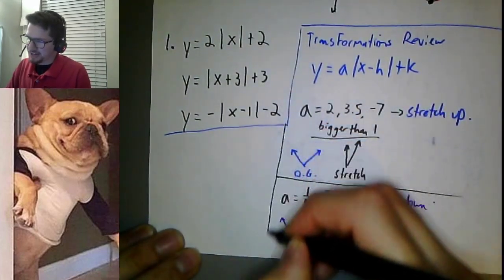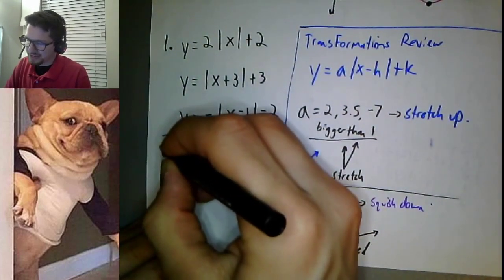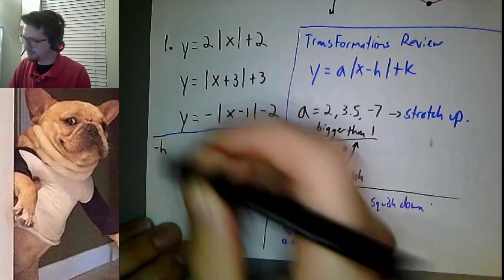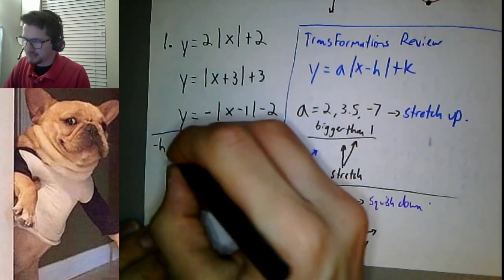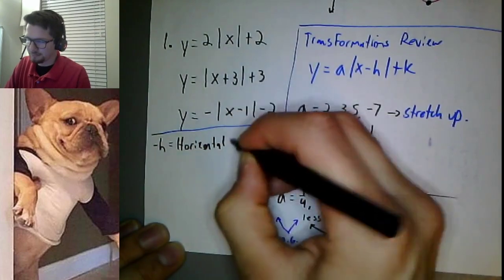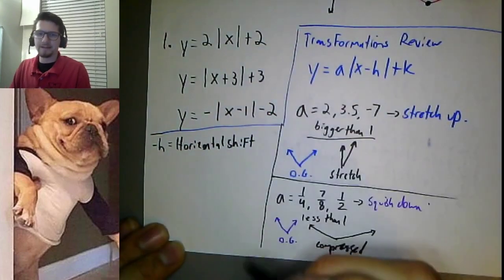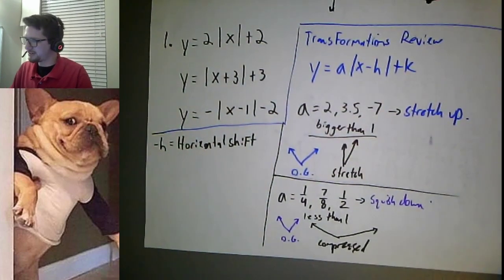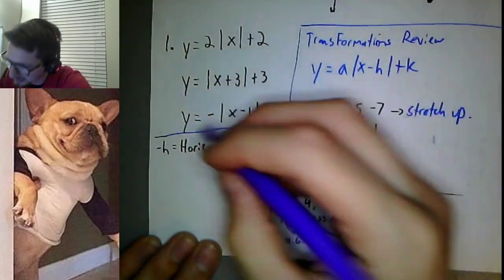Now let's talk about h. So h, or I'm going to say negative h, tells you it's a horizontal shift. And I'm going to give you a bunch of examples to explain which direction it'll be, because I think that'll show you better.